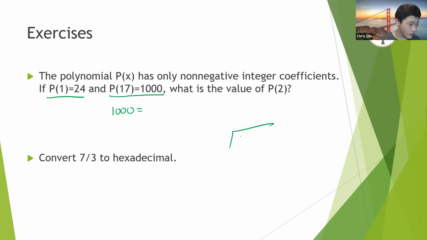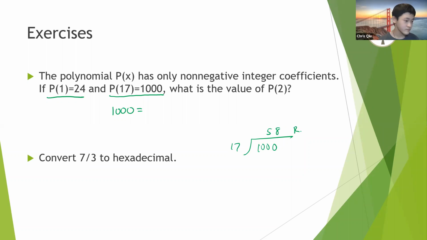You can do the division that we usually do. We divide 1000 by 17, and we'll be left with 58.